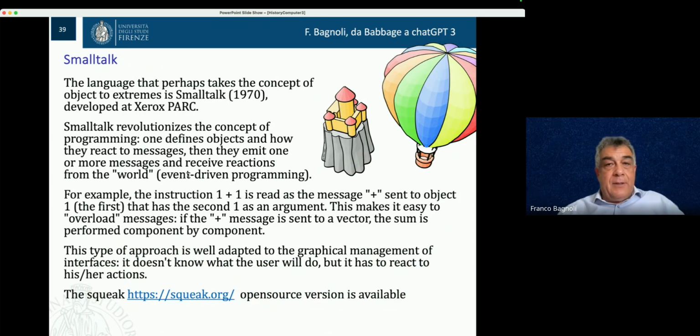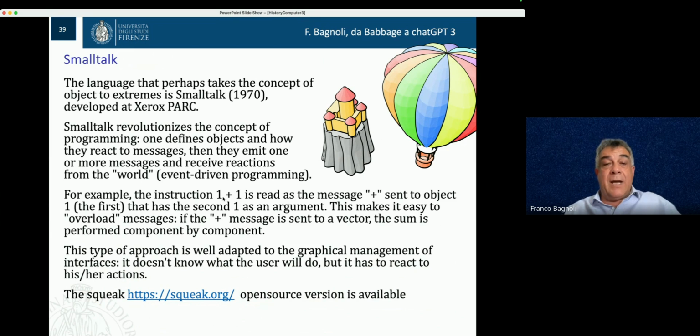If you want to bring this concept to the extreme, you have to give a look to Smalltalk. Smalltalk, again at the beginning of the computer era, was the extremization of this concept. In Smalltalk, everything is an object.